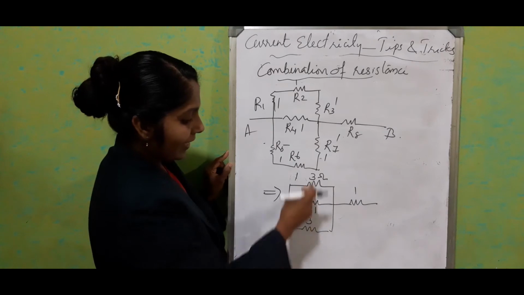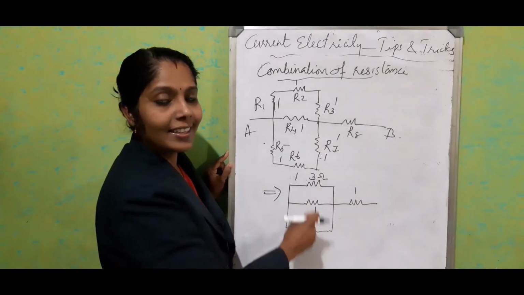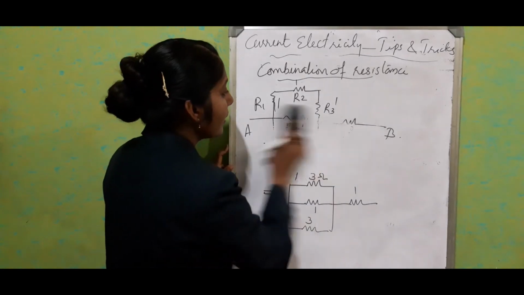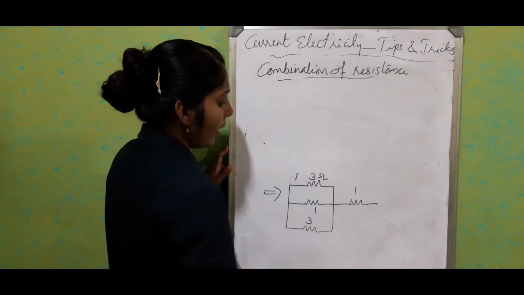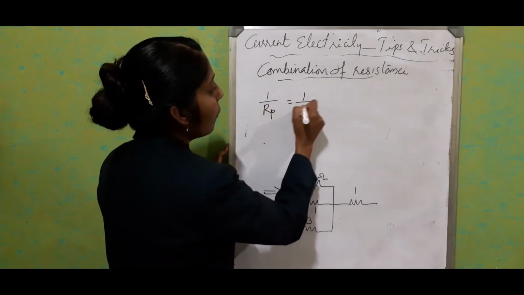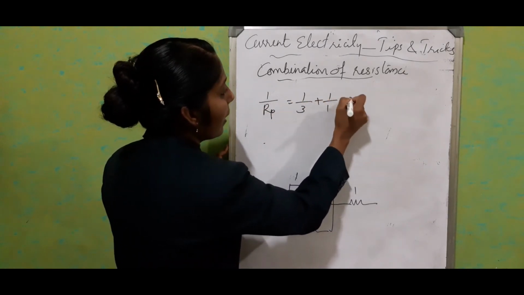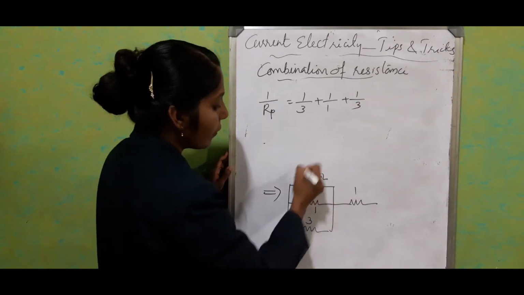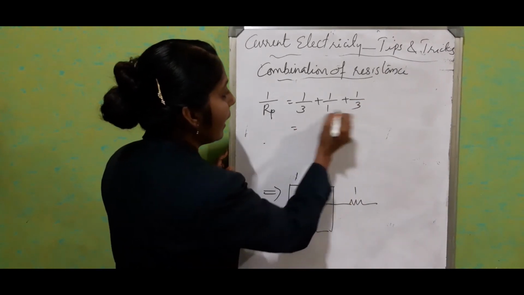Now we got a single 3 ohm resistance connected in a parallel circuit. What do you have to do right now? Now you have to find out 1 by Rp is equal to 1 by 3 plus 1 by 1 plus 1 by 3. What will we get?